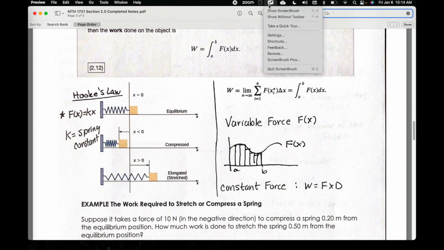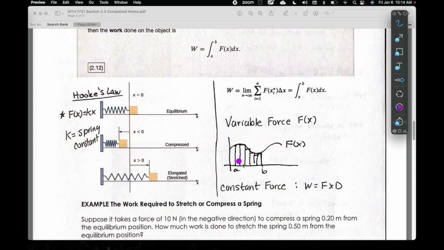However, if the force is variable and we have some function that defines the force at a given point, then we want to use integration. We want to find intervals that are so small that when we look at the force over that interval, it's approximately constant.